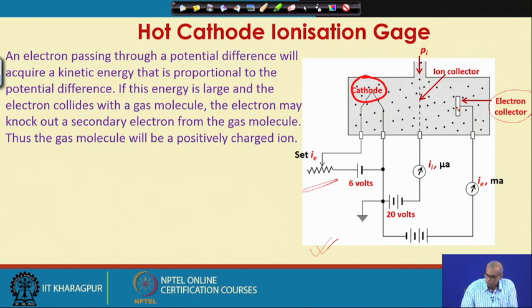While doing so, since this chamber is connected to the vacuum which I am going to measure, these electrons also collide with the gas molecules present within the chamber. When these electrons collide with the gas molecules, they produce positively charged ions, and I use an ion collector and get the ion current.